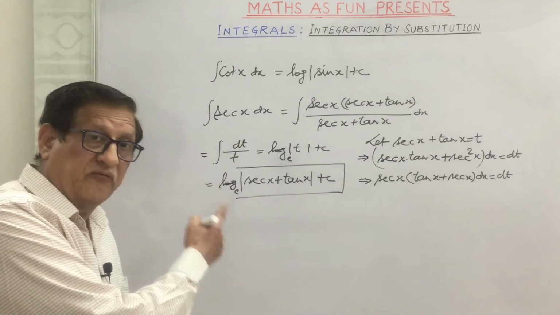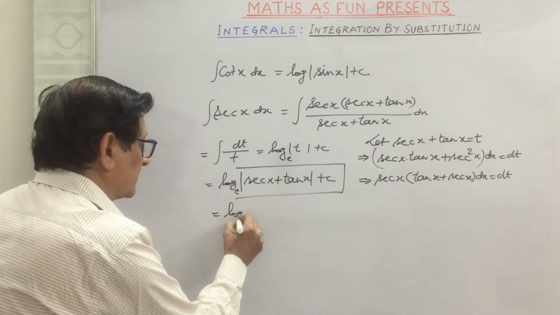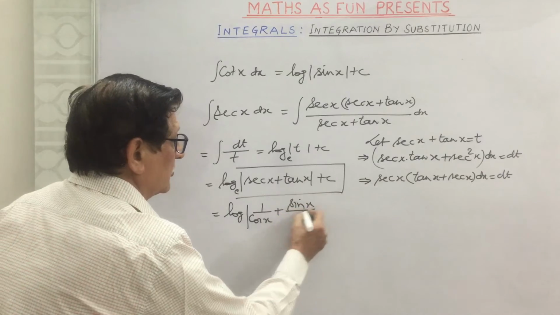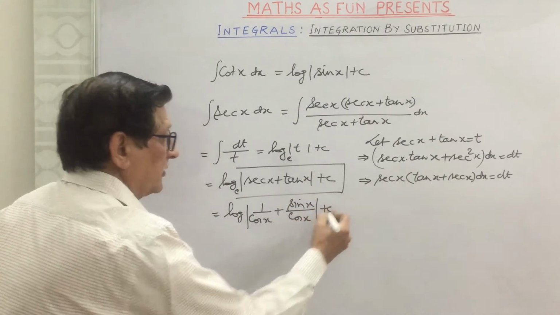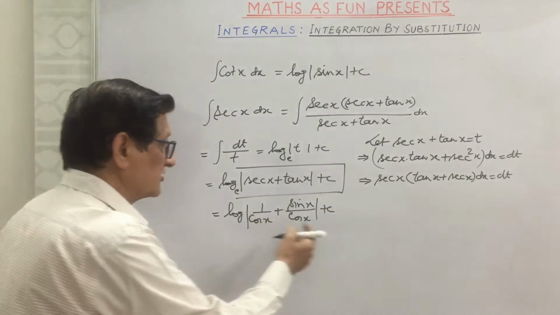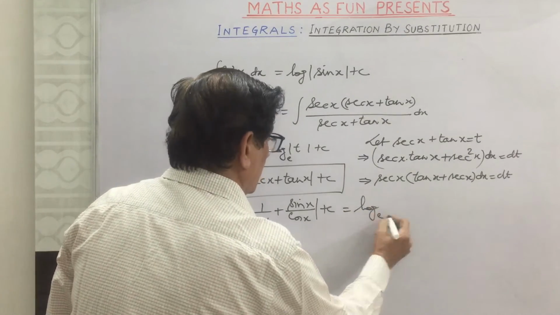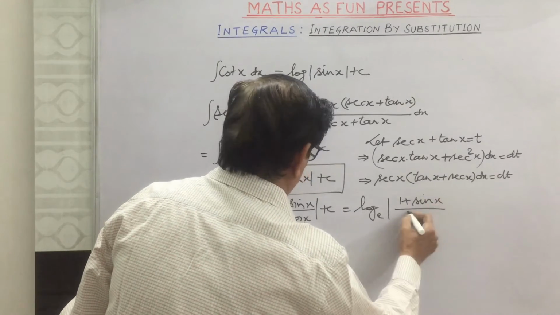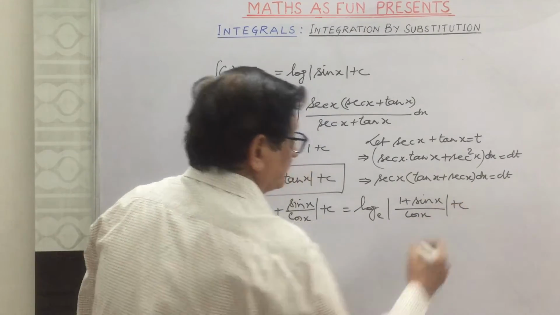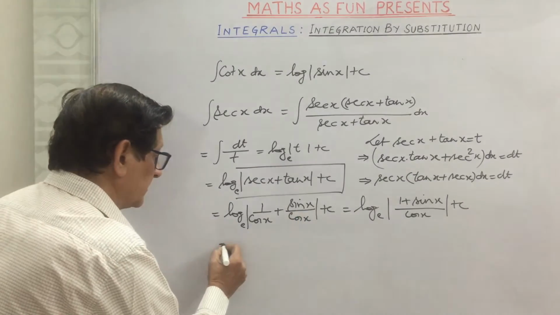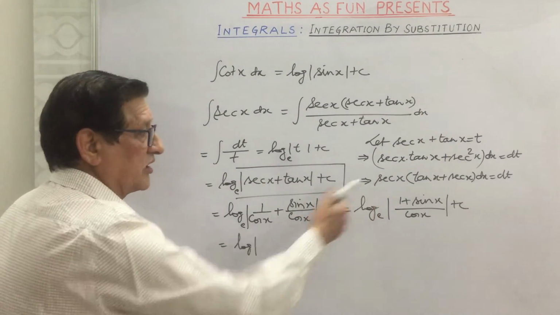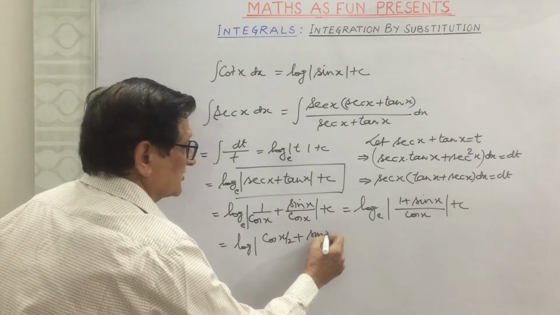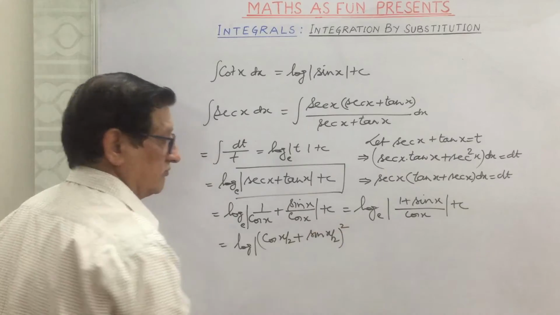If we simplify it further, can we write this as log of 1 upon cos x plus sin x upon cos x plus c? If we take the LCM cos x here, we get log of 1 plus sin x upon cos x. And we know the identity: we can write this 1 plus sin x as the square of cos x by 2 plus sin x by 2.